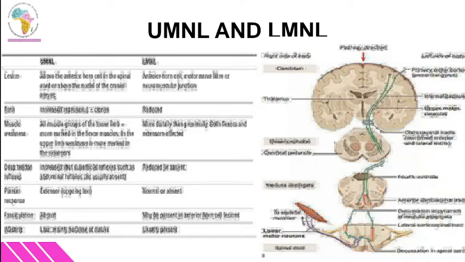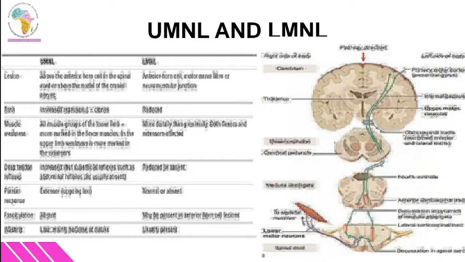The corticospinal tract is an upper motor neuron. That's an example of an upper motor neuron. Also the corticobulbar is a type of upper motor neuron. For the lower motor neurons, examples are the anterior gray horn and the cranial nerve nuclei located in the brainstem.